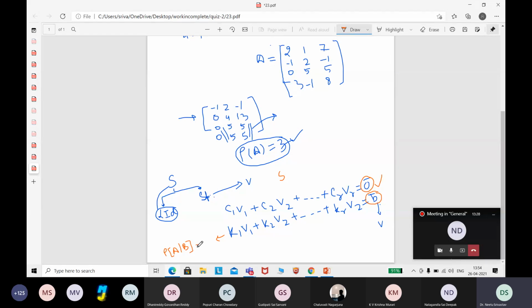It should be equal to the rank of A. And further there will be two conditions. It can be equal to R, it can be less than R. So in both the cases it will have a solution. It can be less than the number of unknowns, it can be more than the number of unknowns, right?